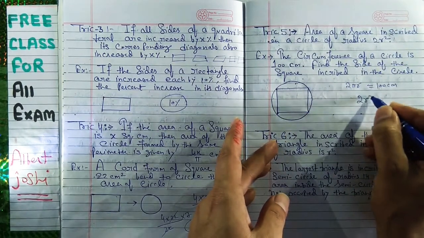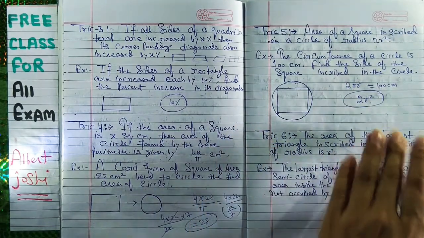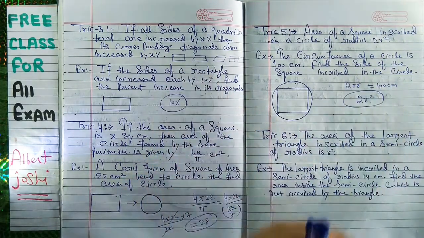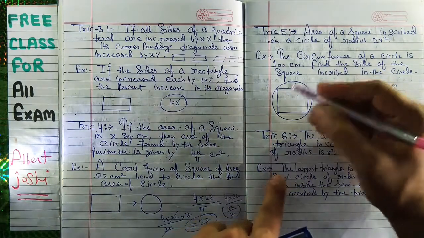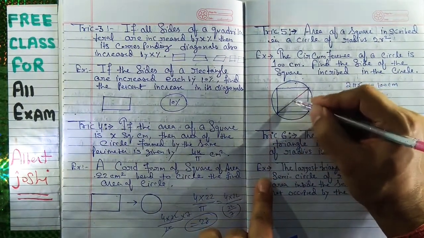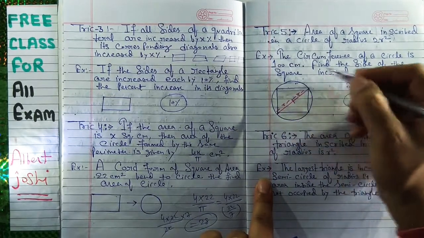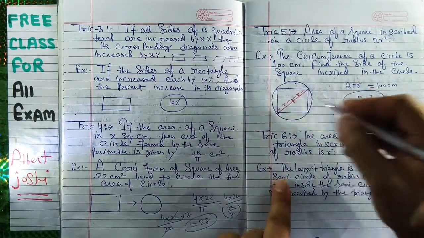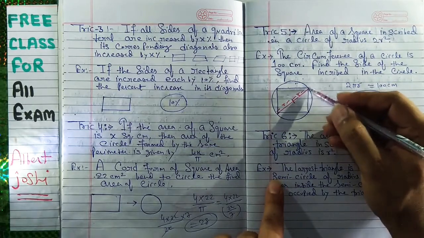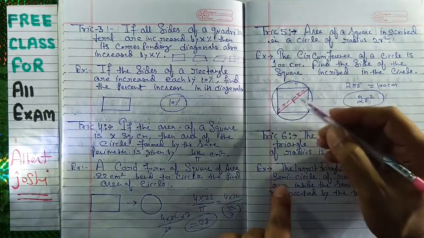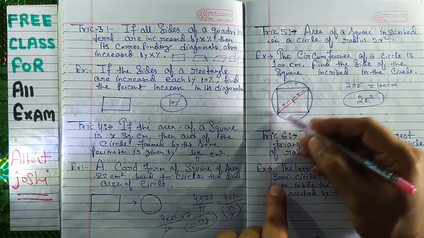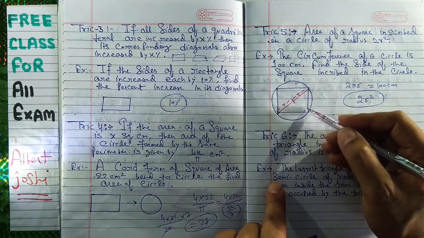If you know the trick, then you can calculate. Otherwise it will take more time. This is also very simple, because this is r and this is also r. So you have to find this and this. This is 2r, and this is 90 degree.